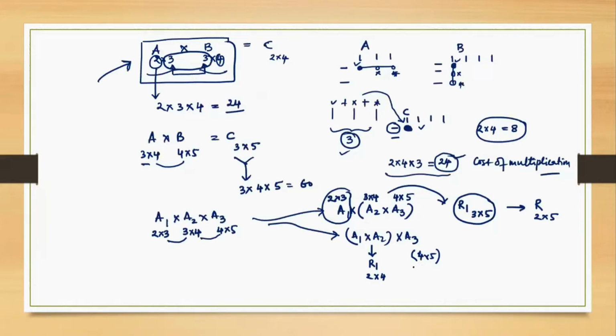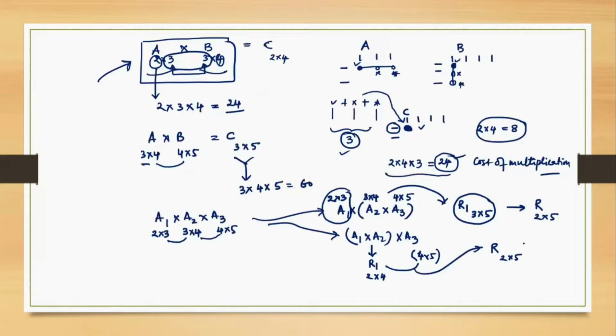So if I multiply R1 and A3, the resultant matrix, suppose it is R, should be of dimension 2 cross 5. So there will be no issue that I'm getting a different result. No, I'm not getting a different result. Every time I'm getting the same result, that is, the resultant matrix R has the dimension 2 cross 5 in both cases.